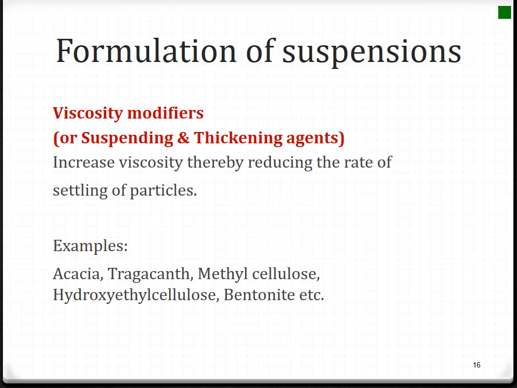In both flocculated and deflocculated suspensions, viscosity modifiers, which are also known as suspending agents or thickening agents, are useful for increasing the viscosity of the liquid medium, thereby reducing the settling rate of the particles. Examples of viscosity modifiers are polymers such as acacia, tragacanth, methyl cellulose, and hydroxyethyl cellulose, as well as clays such as bentonite.